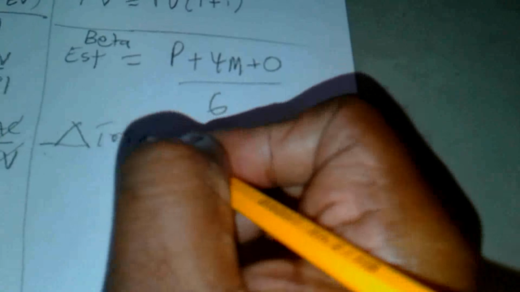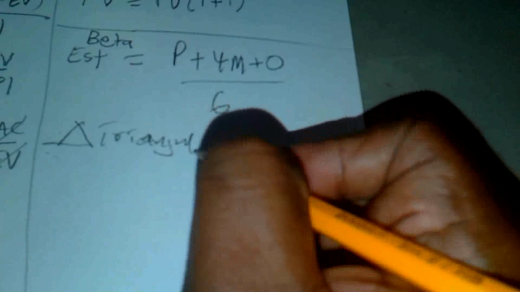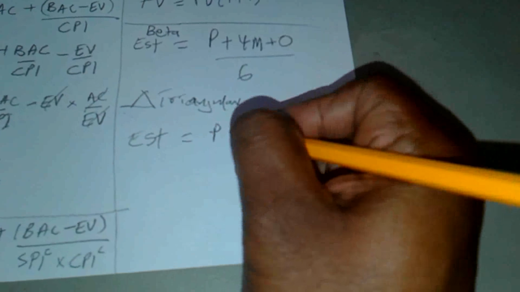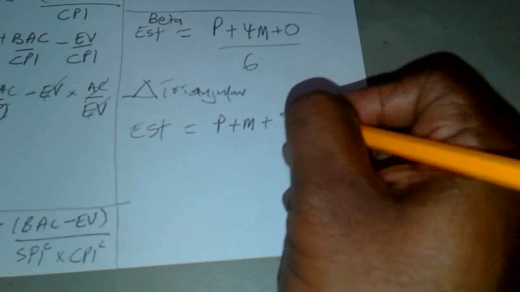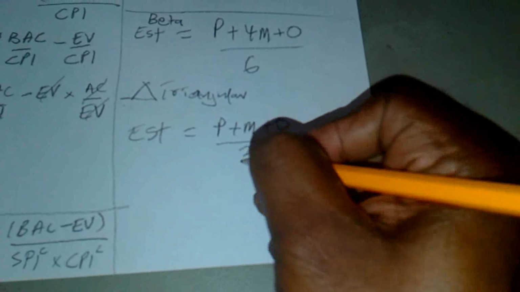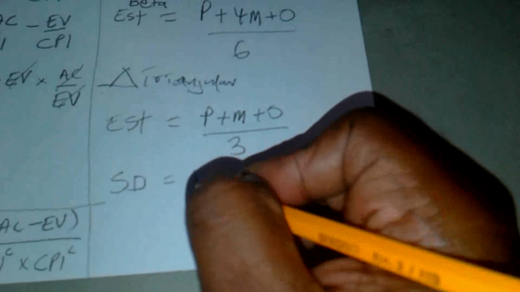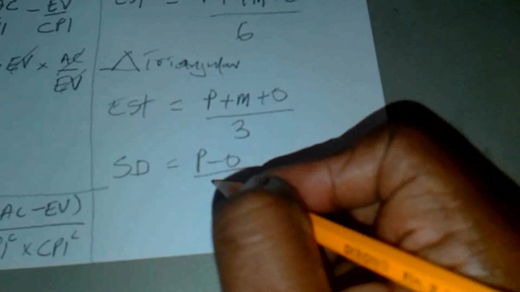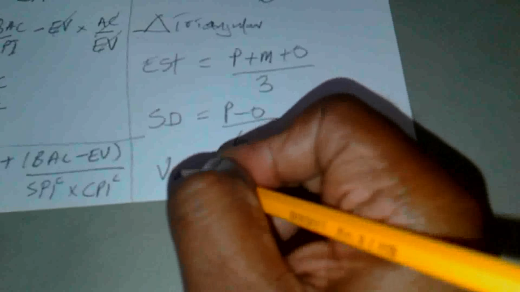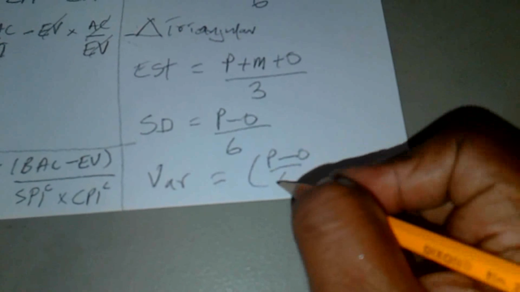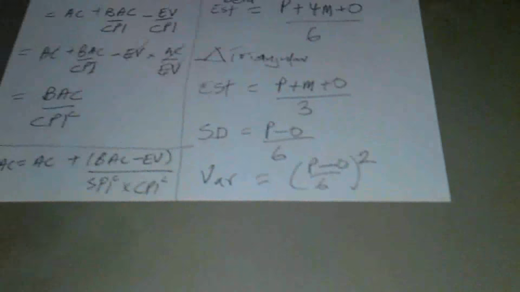And if it's triangular, then the estimate is going to be pessimistic plus most likely plus optimistic, divided by 3. If you're talking about the standard deviation, it's pessimistic minus optimistic divided by 6. The variance is P minus O divided by 6, squared.